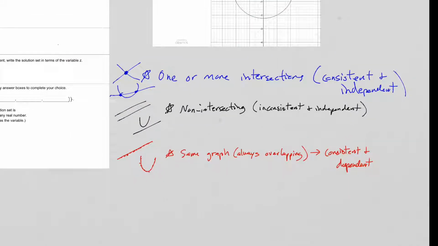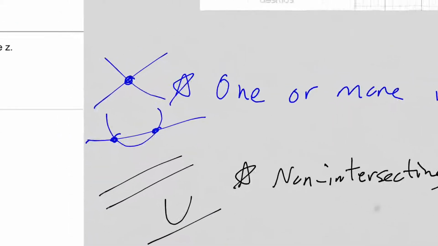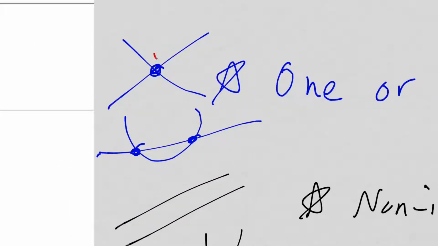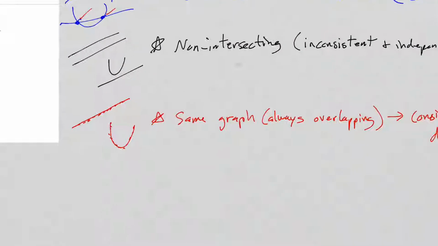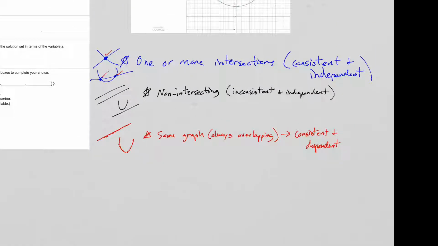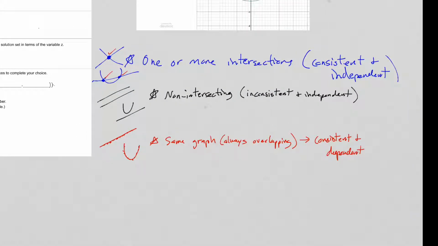All right, but everything we've been doing so far has been calculating those points right here. But on occasion you'll get non-intersecting, or you'll always get the same exact graph. So non-intersecting is no solution, or the empty set, or null set.